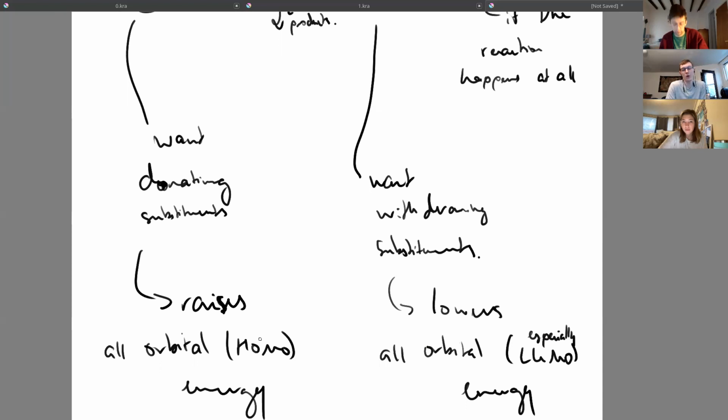Really all the orbital energies change, but we especially care about the HOMO and especially the LUMO. That's what we're interested in.